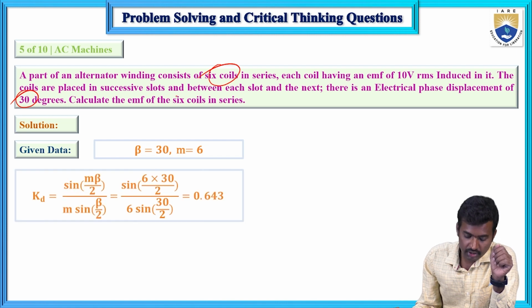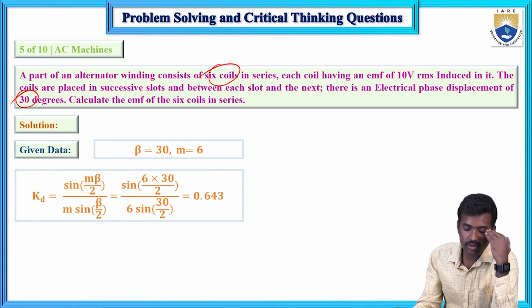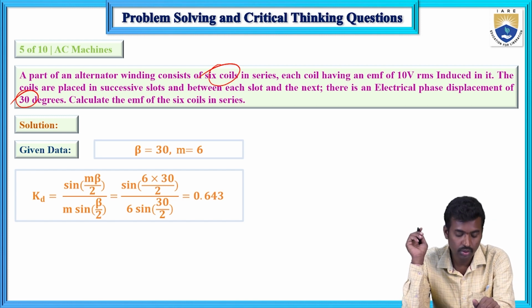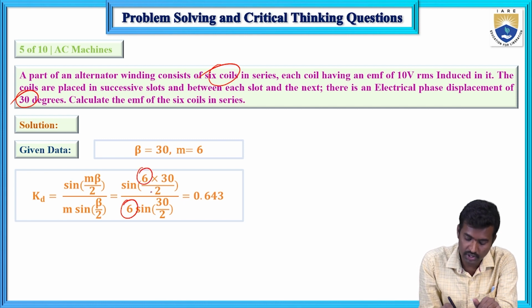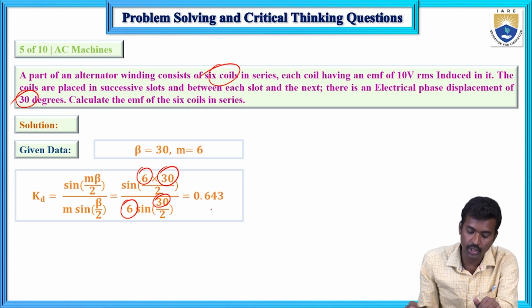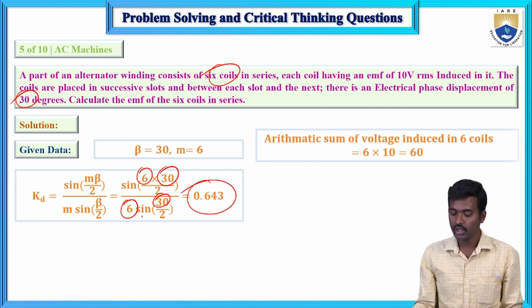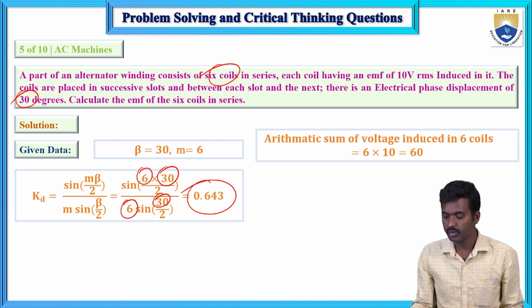KD, the distribution factor, equals sine(m beta by 2) divided by m times sine(beta by 2). With m equals 6 and beta equals 30, that is sine(6 into 30 divided by 2) by 6 into sine(30 by 2), and that value equals 0.643.